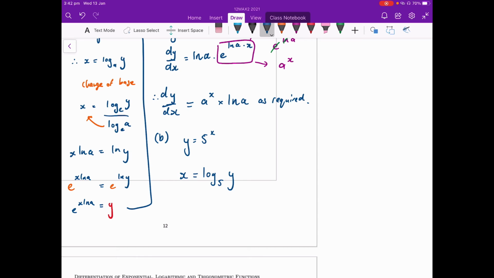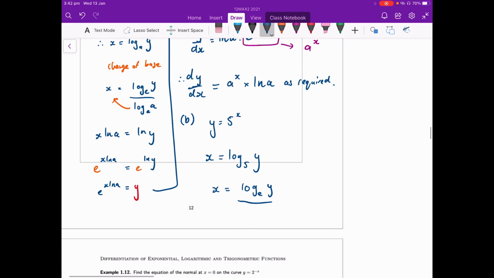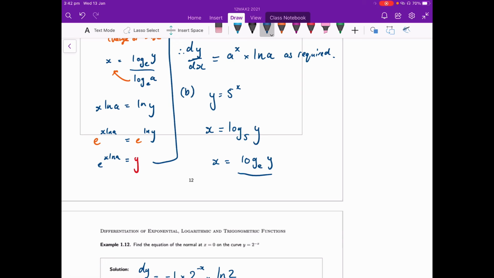I'm going to use the change of base, the same structure that we did previously. So x is equal to log to the base e of y, and I'm using e because that's what we do with our calculus when differentiating, over log to the base e of 5.